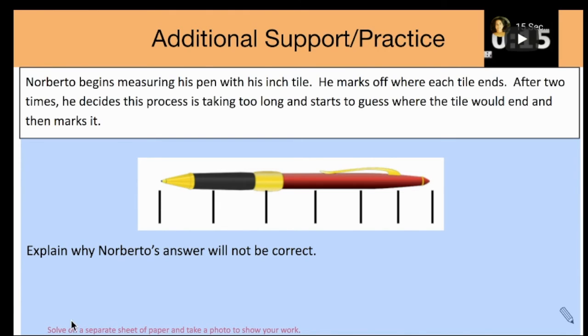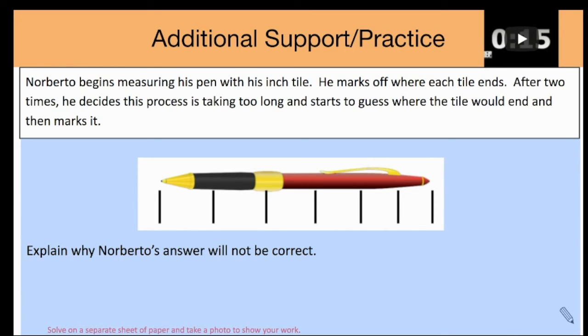I'm going to give you 15 seconds to analyze this problem. All right, time's up. What do you think?